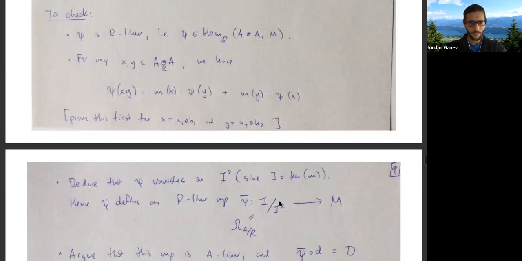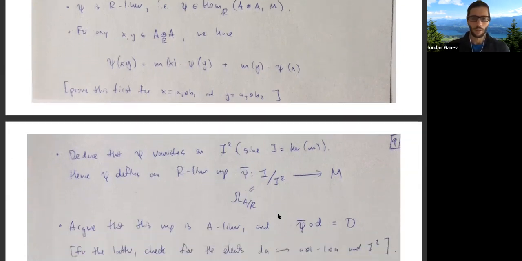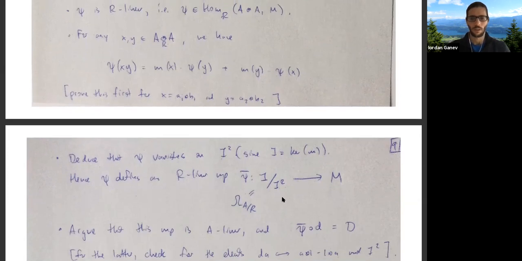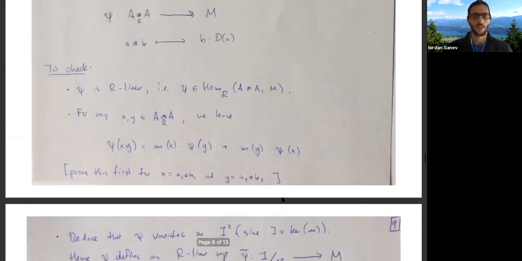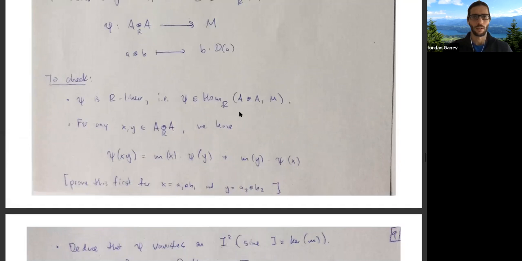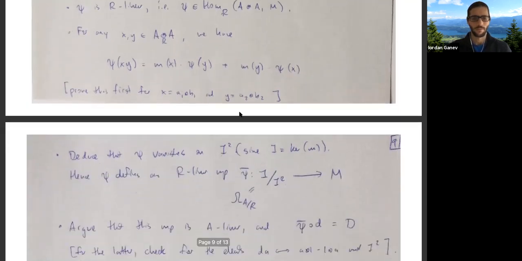That's why when we restrict psi to I, it factors through I mod I squared. That's how we get this linear map from the Kähler differentials to M. It's an A-linear map, and if we precompose by D, then just following the definitions, we recover the original derivation D that appeared in the definition of psi.